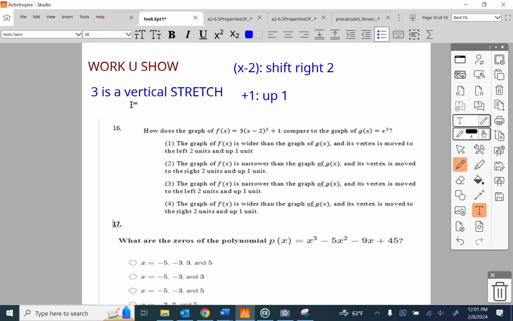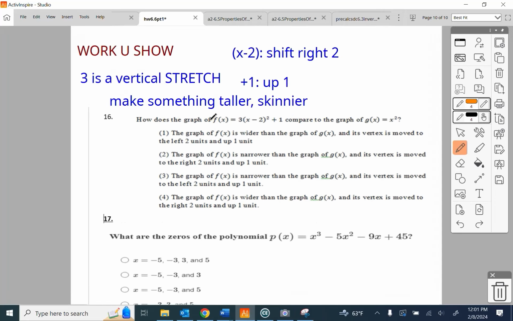Now, a stretch is going to make something taller or skinnier. I don't know if I spelled skinnier right or not there. But anyways, I see the word wider. Gone, gone. What do we have? Right 2. Notice that? Left 2. Up 1. Narrower. It's got all the keywords.